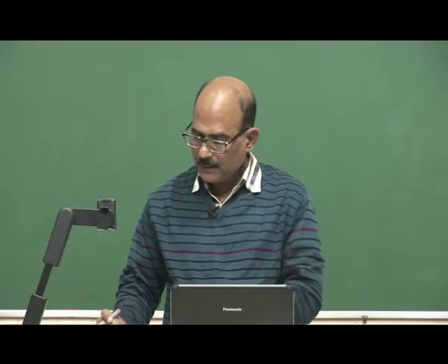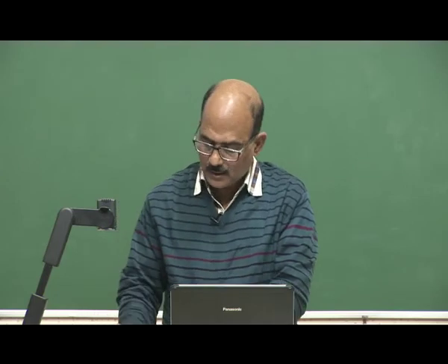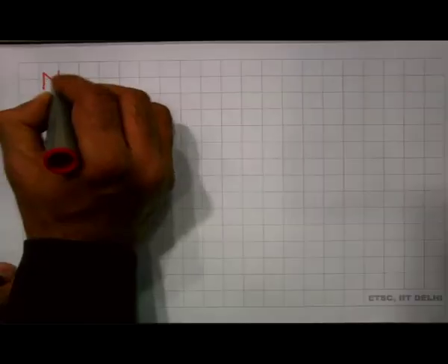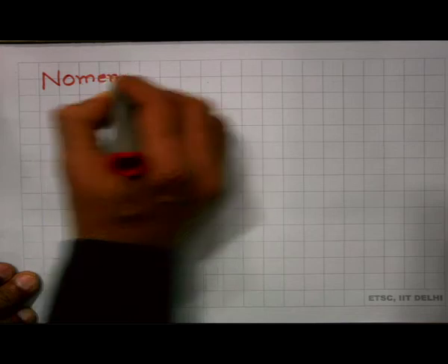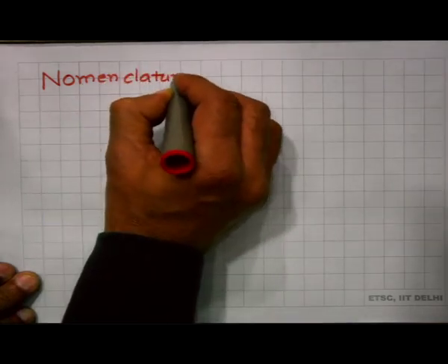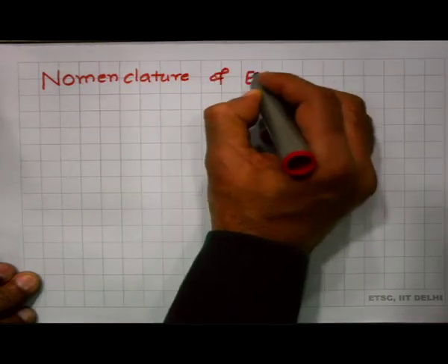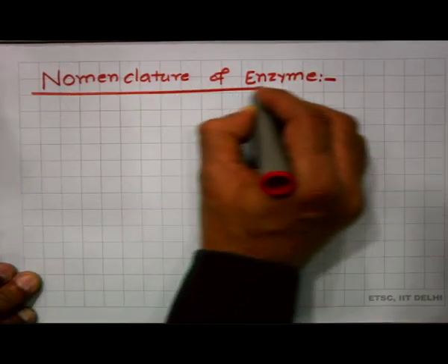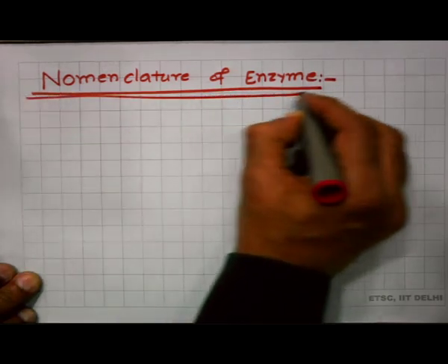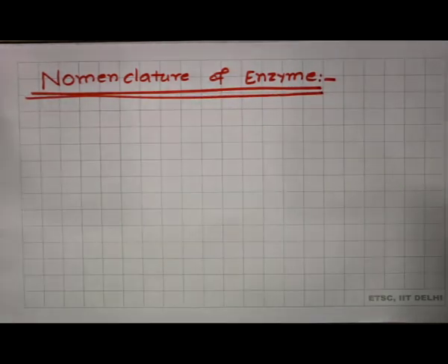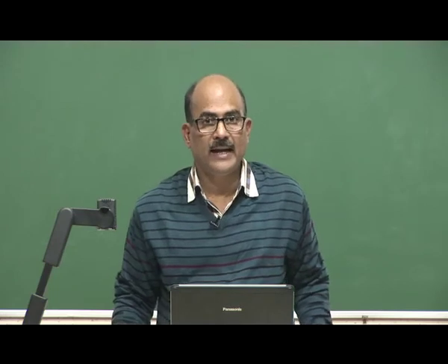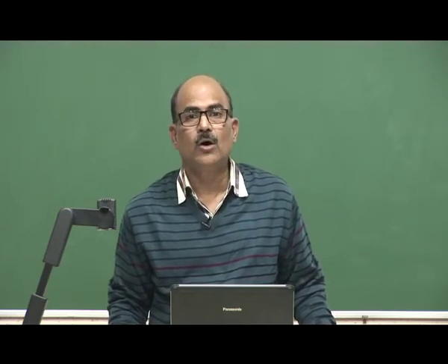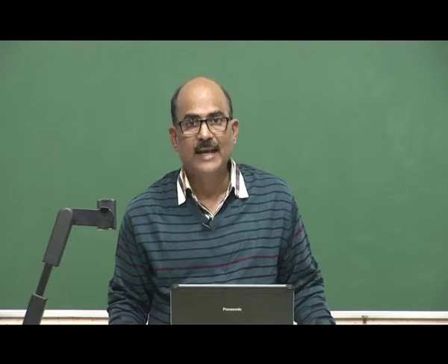Now, after the structure of enzymes, comes the nomenclature of enzymes. How can enzymes be named? In every enzyme you may generally find "ase" added at the end of the substrate or at the end of the reaction.